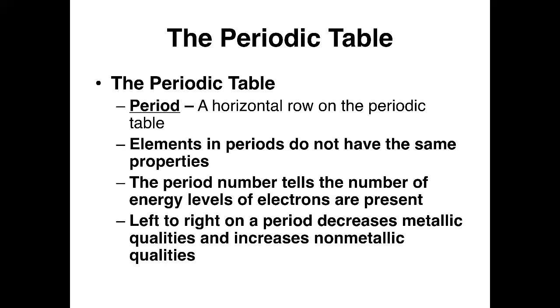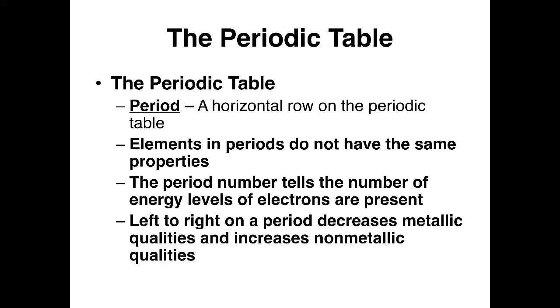Going left to right on a period decreases the metallic qualities and increases the non-metallic qualities. So as you travel from the left side of the table, for example, on the very left, you'll see the symbol Na, which stands for sodium.